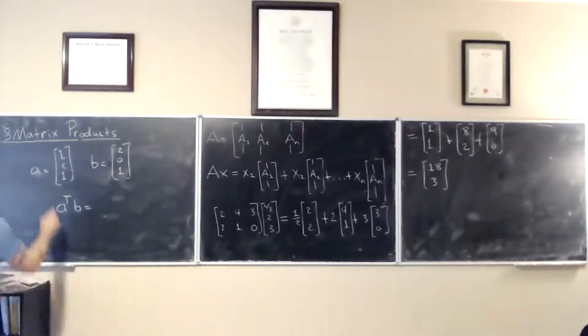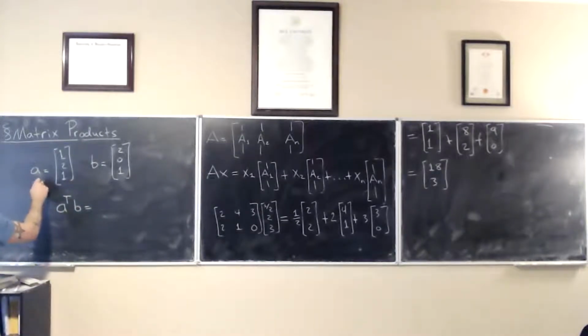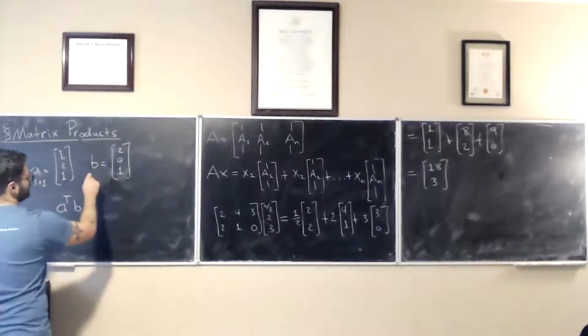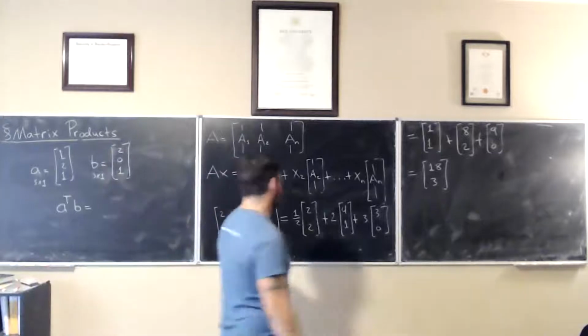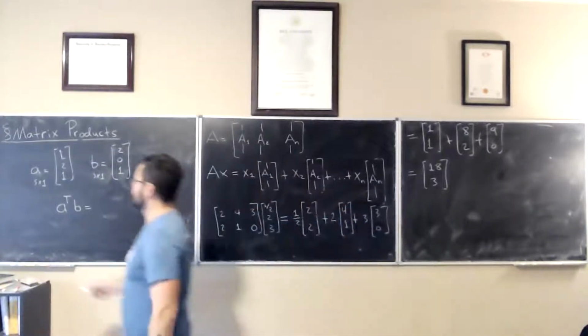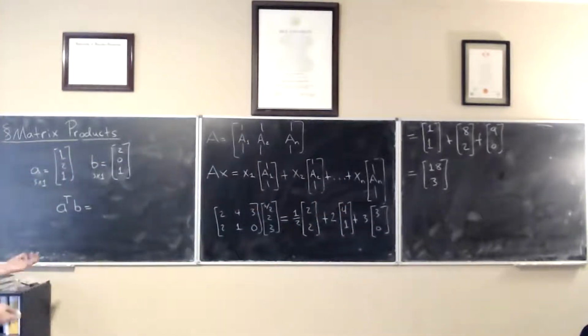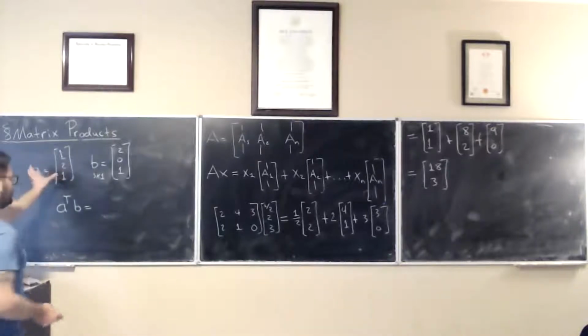This is a 3 by 1 matrix, and this is a 3 by 1 matrix. The transpose of a 3 by 1 matrix is a 1 by 3 matrix. It becomes a row.